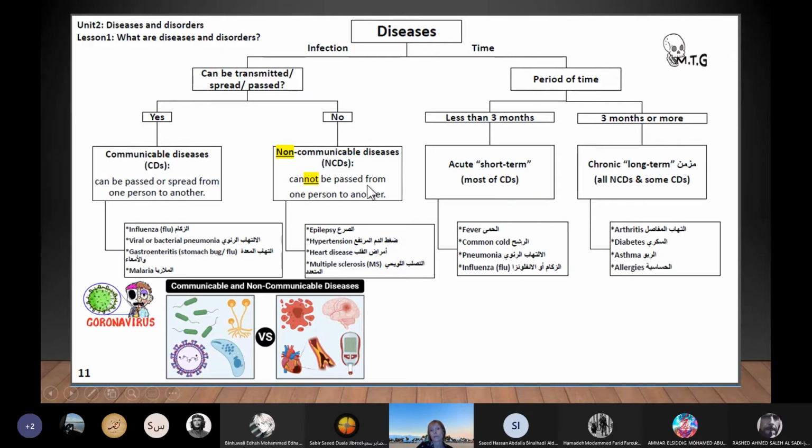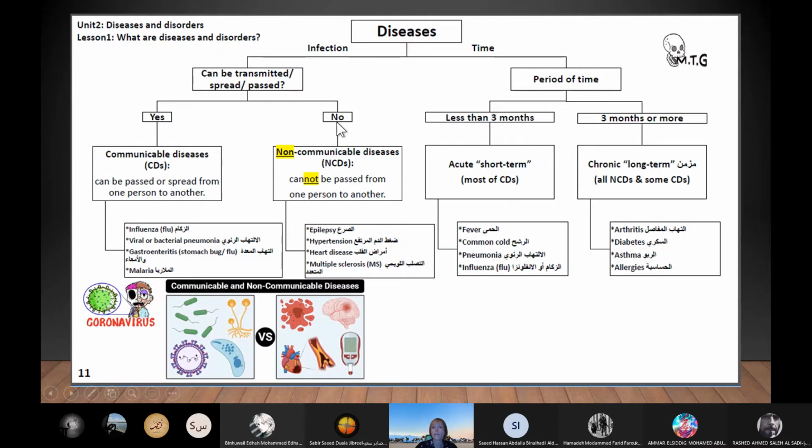The communicable diseases we looked at were the flu and pneumonia, diseases of the respiratory system, caused by a virus or bacteria. Then gastroenteritis, something we've eaten that makes us sick, which is also highly infectious. And of course malaria, which is spread through mosquitoes.